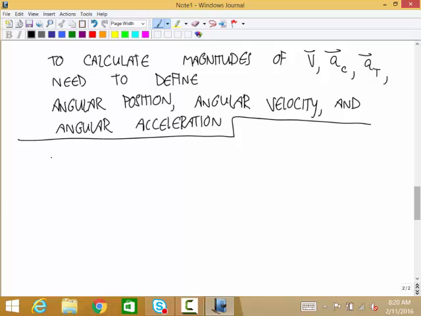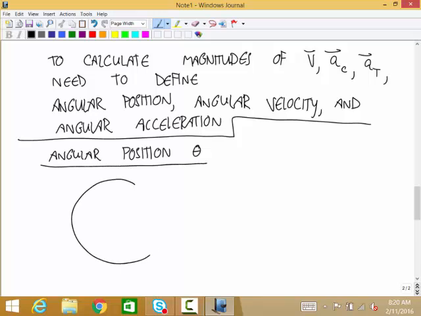Okay, so the angular position, I'm going to denote that as theta. And you can define that if that's your circle and your object is moving around this circular path.